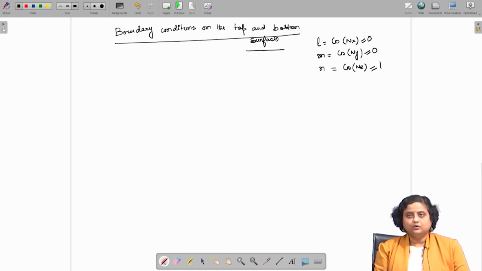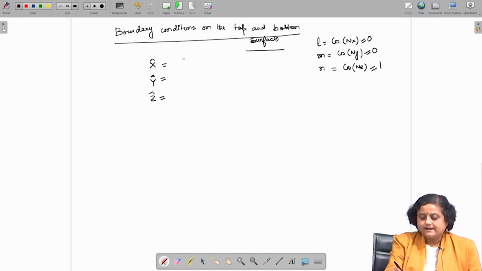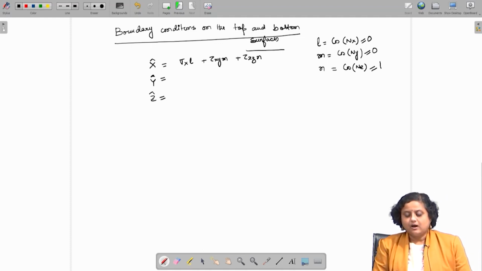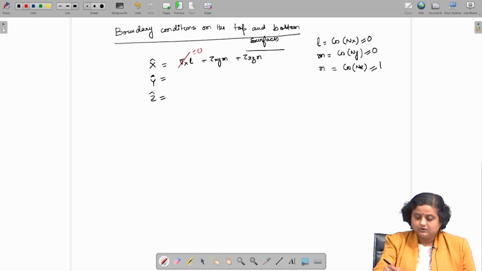Now, if you look into those boundary conditions on x hat, y hat and z hat. Let us look into this. So, I have sigma x L plus tau x y m plus tau x z n. Now, out of this, this goes to 0, this goes to 0, and this is left as tau x z.